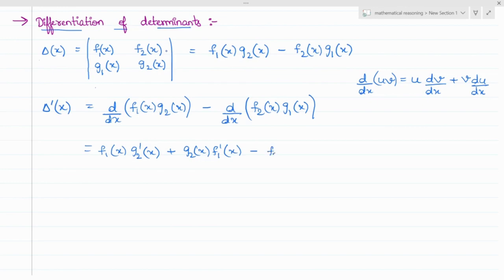Similarly, minus f2(x) g1 dash x, minus into plus, minus g1(x) f2 dash x.